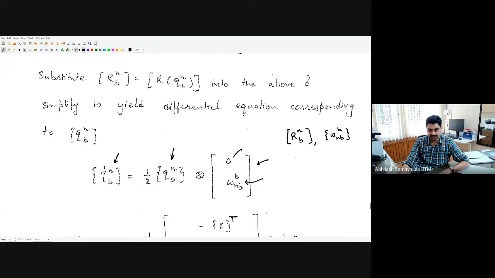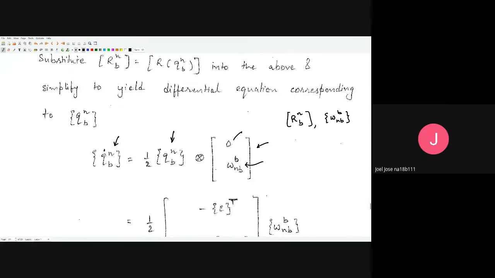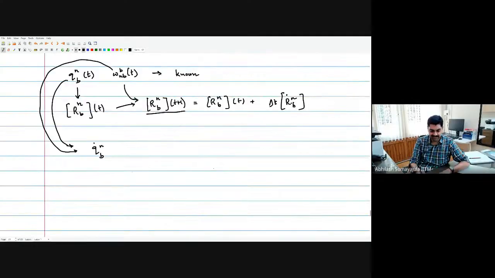Using this expression which I have shown here, I have 1/2 of q_NB taken with a quaternion product with 0 and omega_NB. So I now know this at time t.